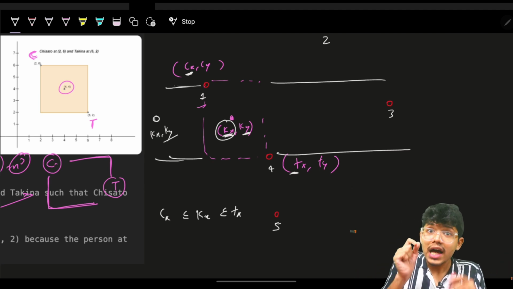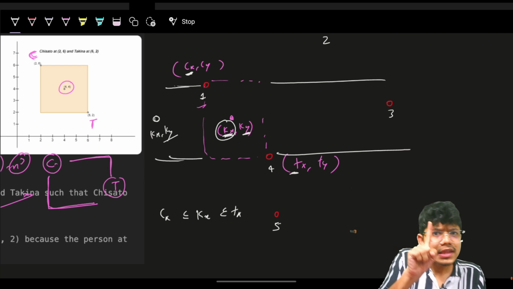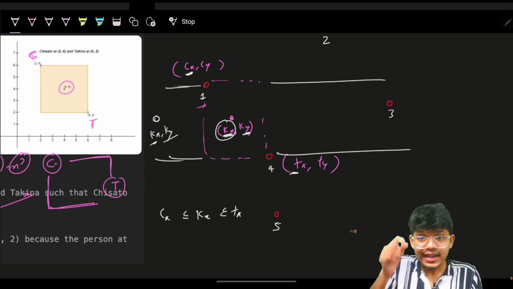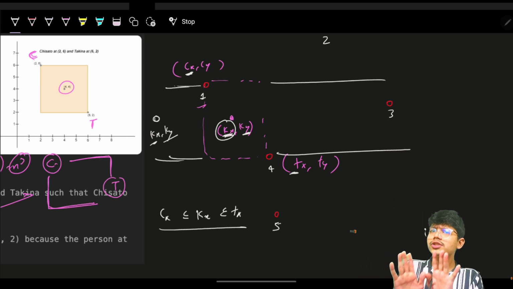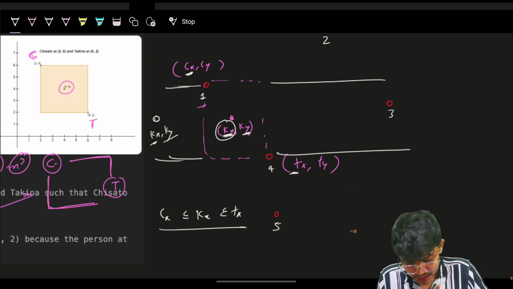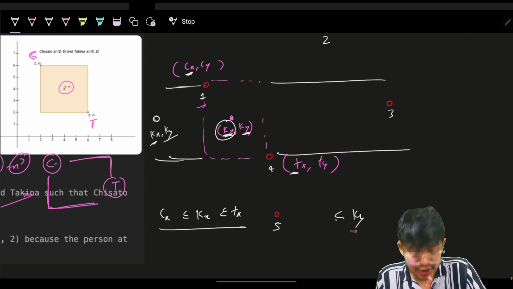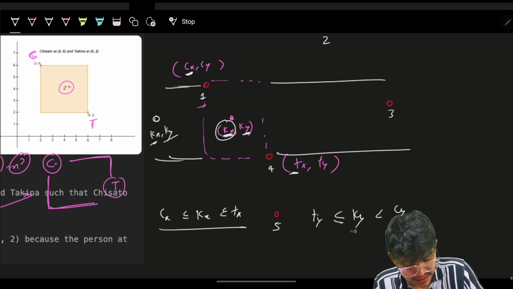Because you are only concerned when it is inside the box or on the perimeter of the box. So only considering that kx is between my cx and tx is not sufficient. You also have to make sure that your ky is also between your ty and cy.